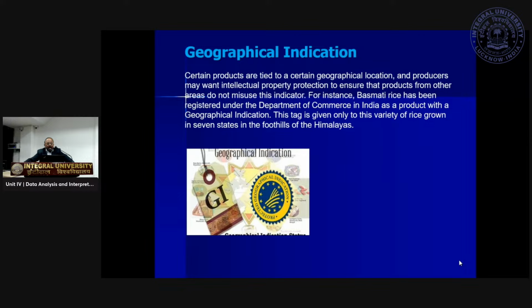This tag is given only to this variety of rice grown in several states in the foothills of the Himalayas. You may find this tag on the packet of basmati rice which has to be exported to some other countries. In some countries it is important that the country of origin should also be there.